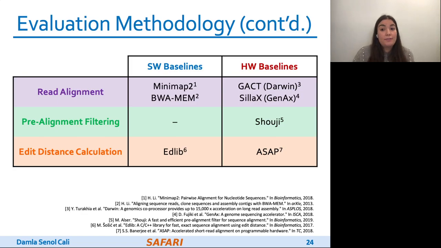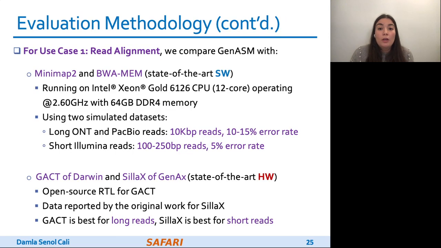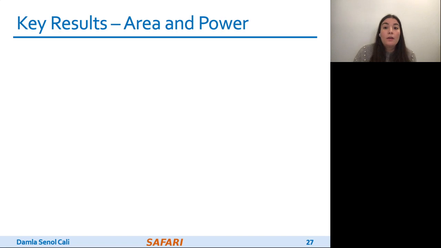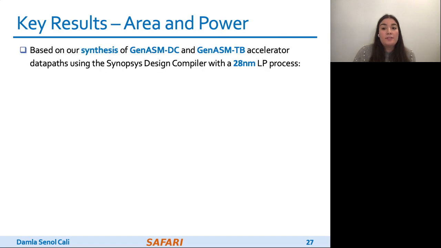For the use cases we evaluate, we compare GenASM with state-of-the-art software and hardware baselines. I won't go into details, but you can refer to our paper for more details of our evaluation methodology. We synthesize our DC and TB accelerator datapaths with a typical 28 nanometer low power process.